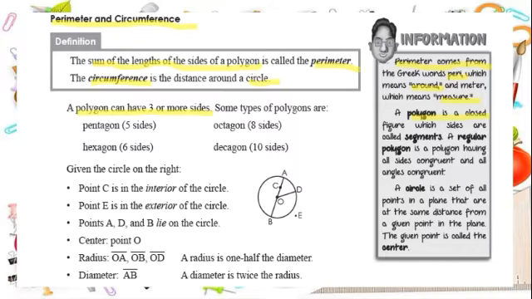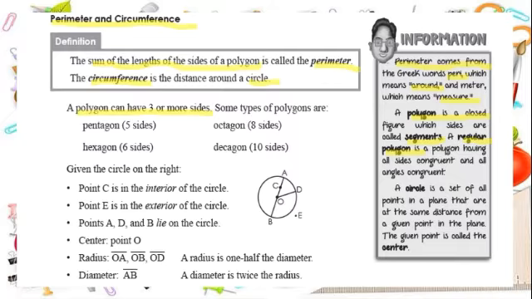So a polygon is a closed figure, class, and its sides we call segments. Okay? A regular polygon is a polygon having all sides congruent and all angles congruent. So if you have a regular polygon, its sides and its angles are congruent. What does congruent mean? They are equal, its sides and angles are the same.